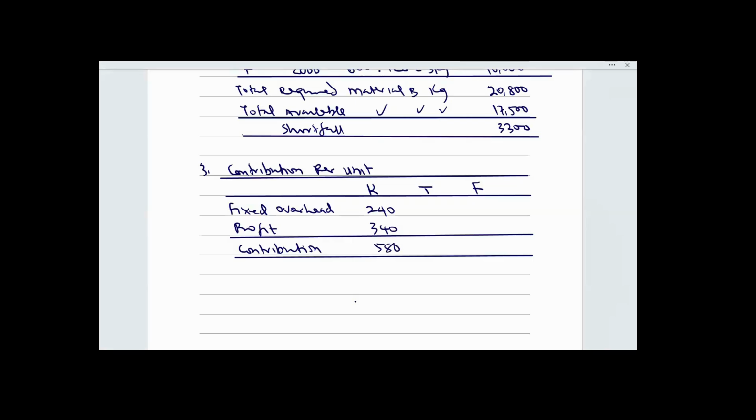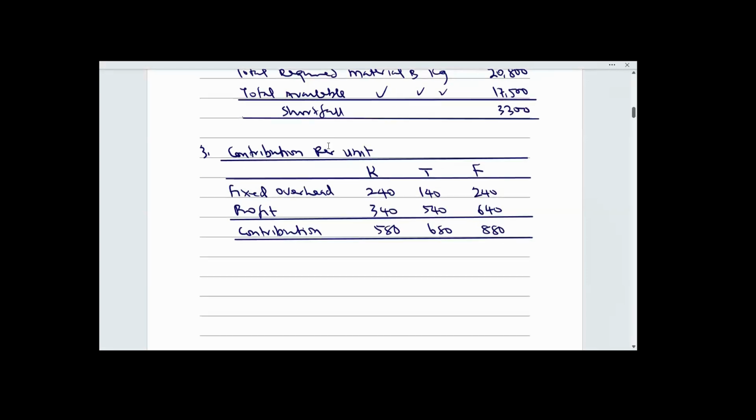What about T? 140, 540. So that's 680. F: 240, and then 640. That's 880. So we have determined profit contribution per unit.